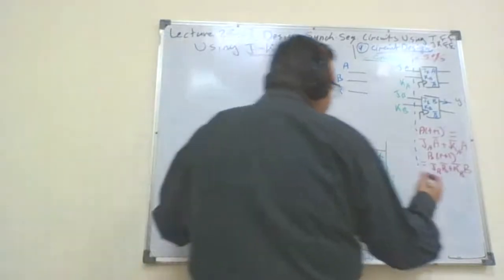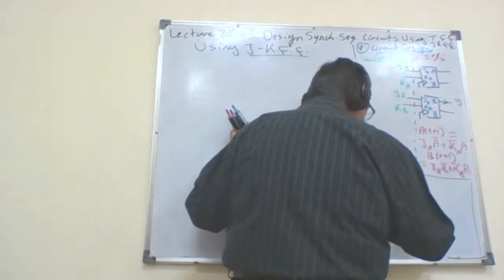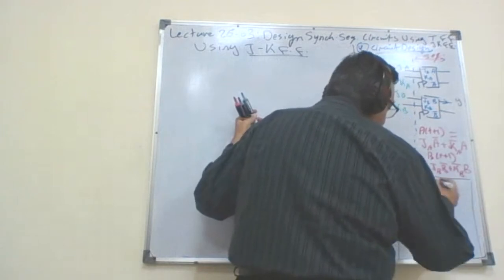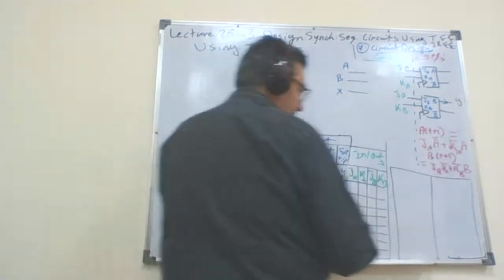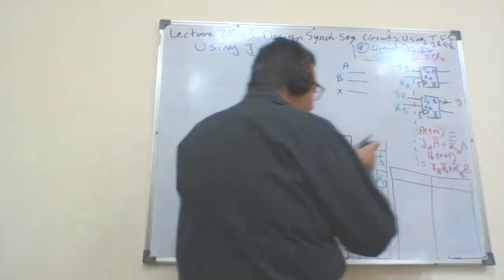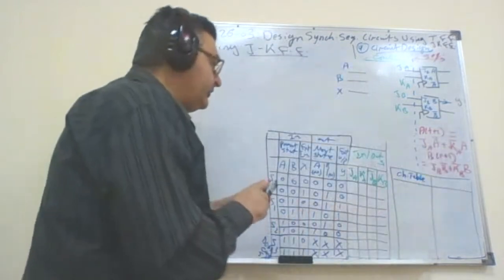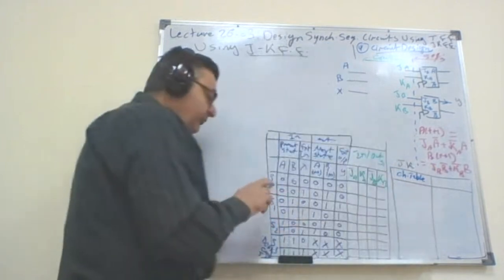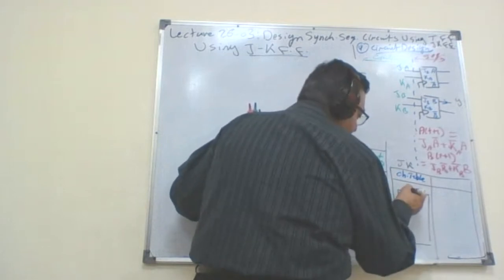Actually, what I know about the JK is what we call the characteristic table for the JK. We know the characteristic table and the characteristic equation. So for JK, I have the following characteristic table. You still remember that?